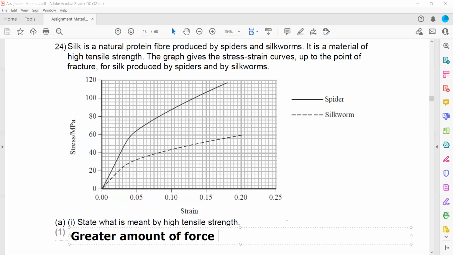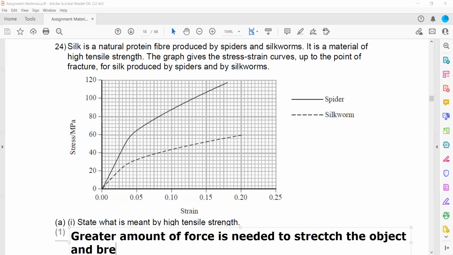A greater amount of force is needed to stretch the object and break it. Because the term tensile refers to when we stretch. If it was a high compressive strength, it means we need a greater amount of force to compress the object until it shatters or breaks.